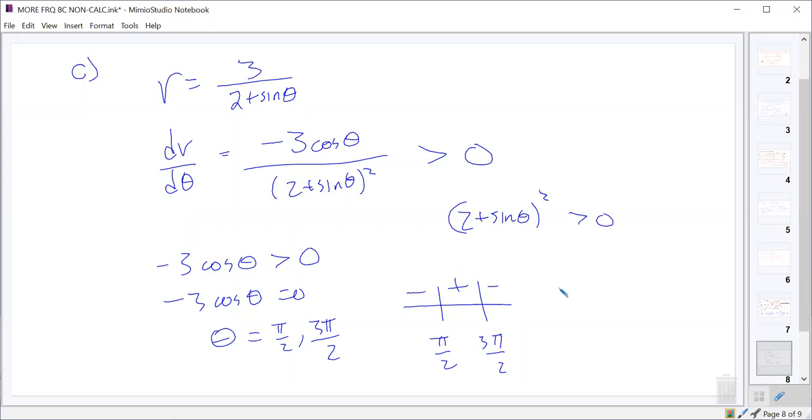So this is increasing on the interval from pi over 2 to 3 pi over 2. And since we're talking about when is it increasing, we should put it in brackets, not parentheses. I don't know why I put a negative pi over 2 there, because it's just pi over 2. Good?